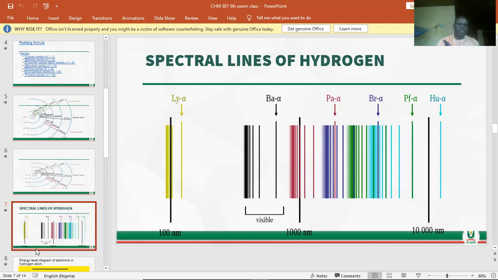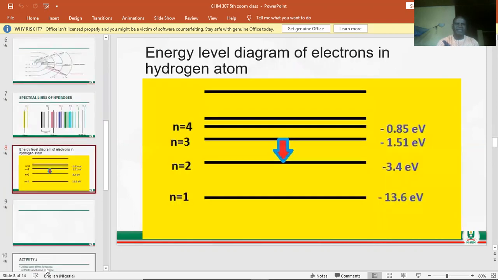If we go to the next slide, it is still an illustration. That is the energy level diagram of electrons in the hydrogen atom. You see n1, whose energy is around minus 13.6 electron volts. n2 is around minus 3.4 electron volts. n3 is around minus 1.51 electron volts.